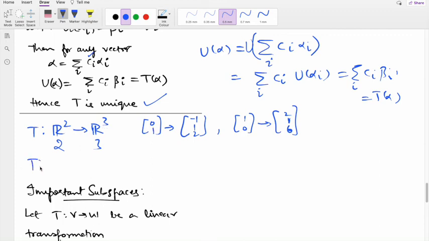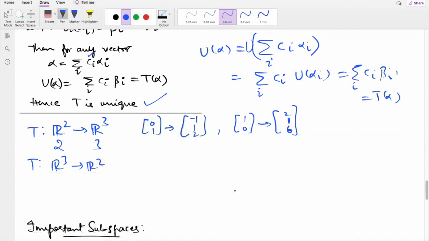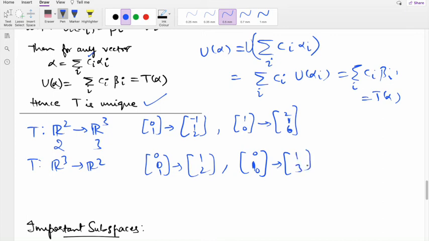And if I want to go from R3 to R2, I need to define at least three such examples, saying that I want to go from here to here. So (0, 1, 0), I can say, goes to (1, 2) or whatever. Then (0, 1, 0) takes me to (1, 3), or (2, 3).